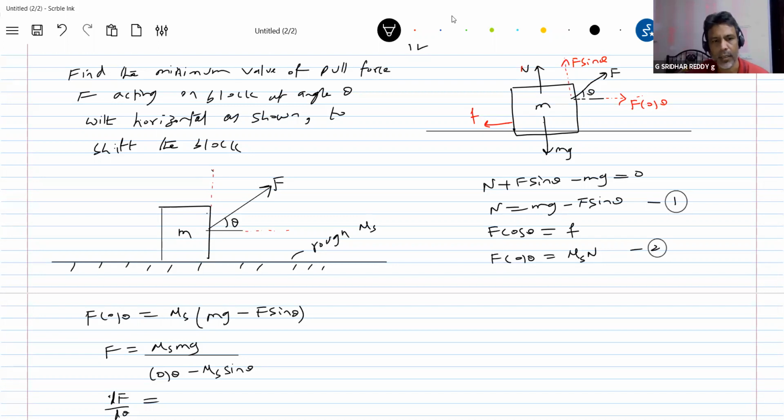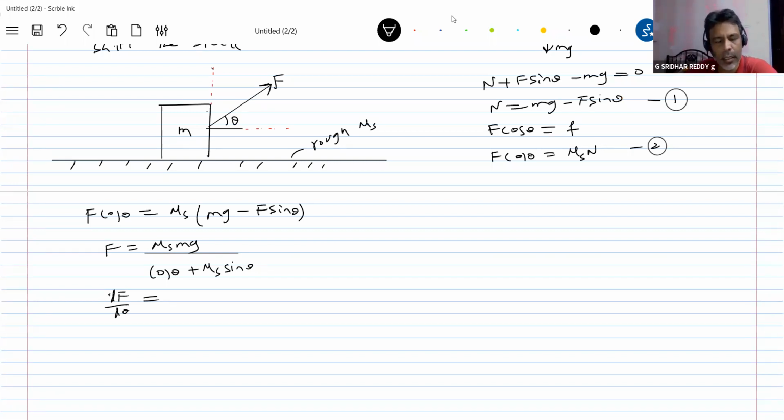F cos theta equals mu s N, and substituting the value of N, mg minus F sine theta, there should be a plus in the denominator. F cos theta should be greater than or equal to mu s N for it to shift. Yes, okay. So now I'll differentiate this.